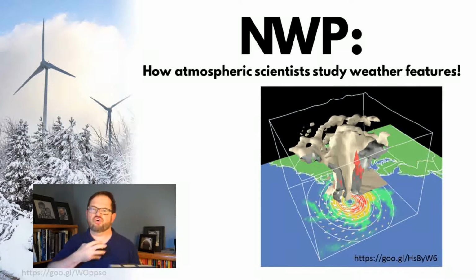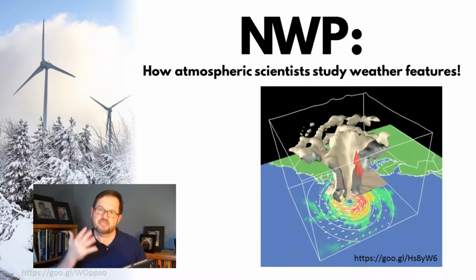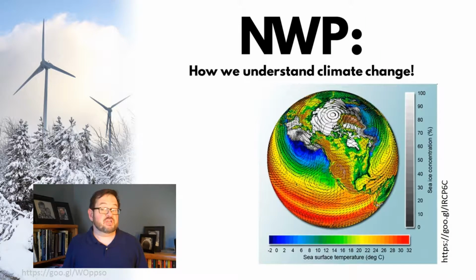Inside the model, there are all kinds of calculations going on based on the physics of the atmosphere to determine the pressure, temperature, humidity, density, and winds over a region. And then, of course, to see them moving forward, we are simulating them, we are modeling what the atmosphere is doing.